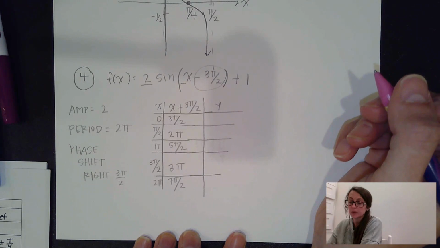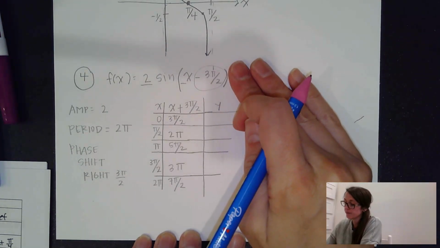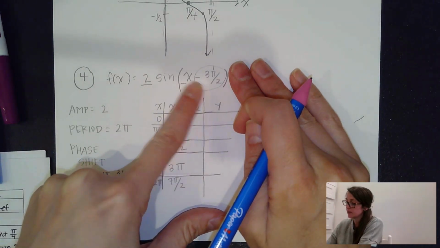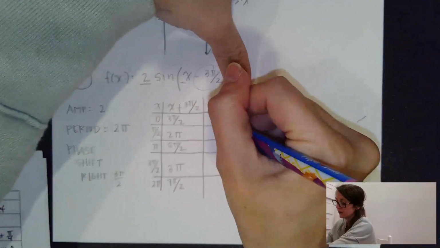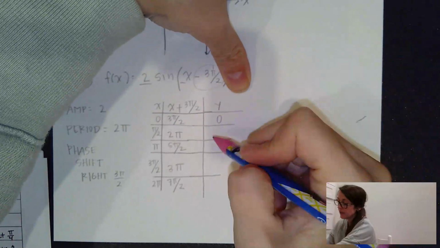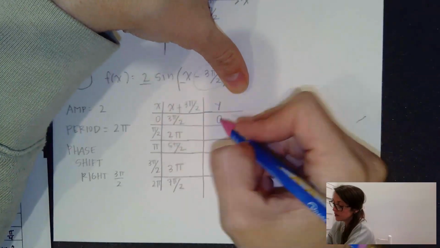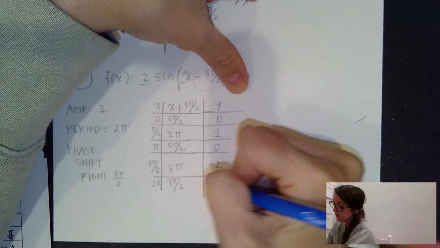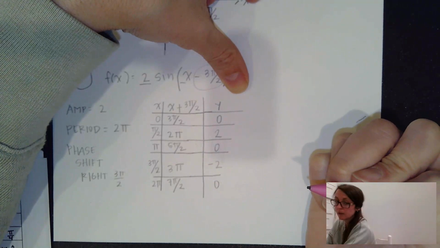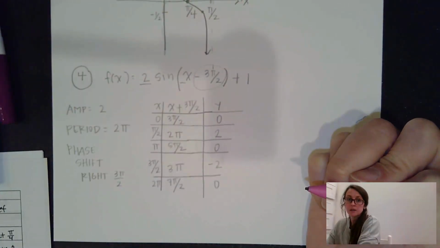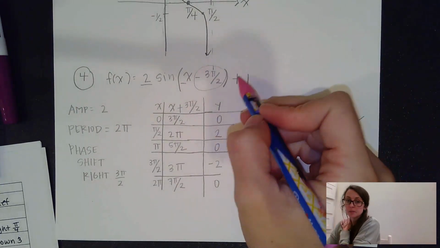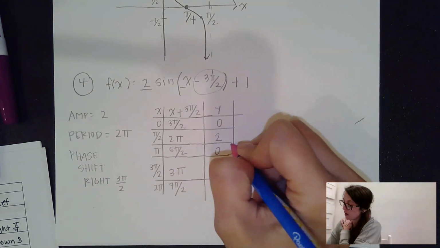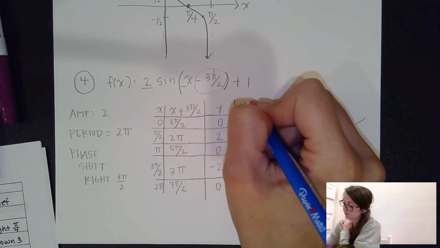Good deal. Alright, so let's ignore this right here. Sine of 0 is 0. So my y values are going to be 0, and then 2, 0, -2, and then back at 0. But this +1 right here means that I'm going to shift my graph up 1 unit.